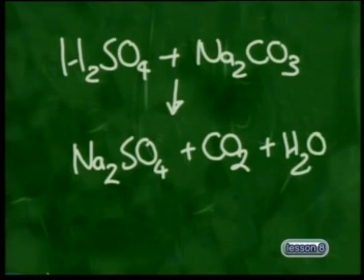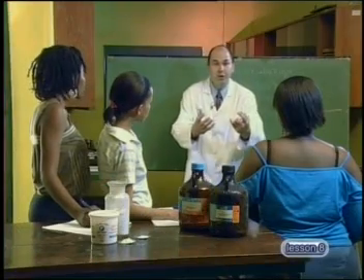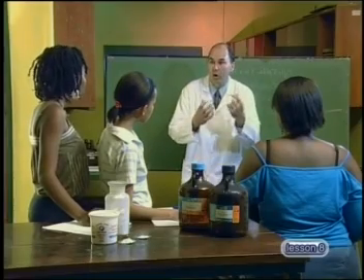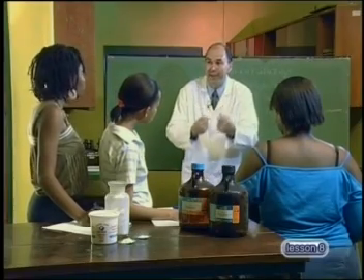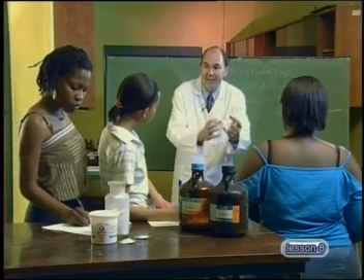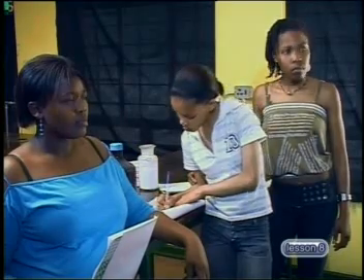And the equations are balanced. Now what about the other 2 salts? That's a very good question. Remember, we can make zinc salts, zinc chloride and zinc sulfate, by the same 2 methods. We can add an acid plus a base or an acid plus a carbonate.